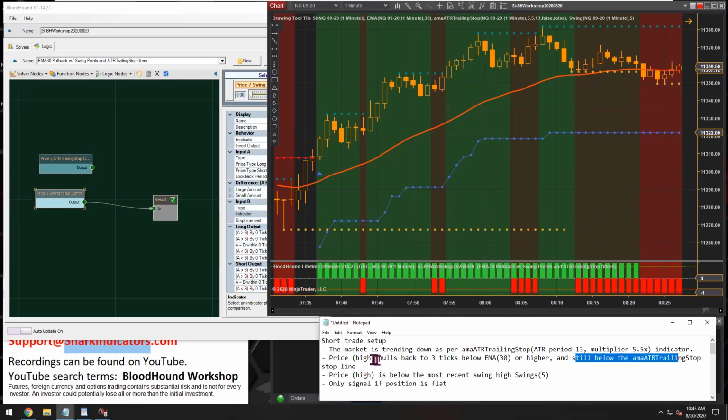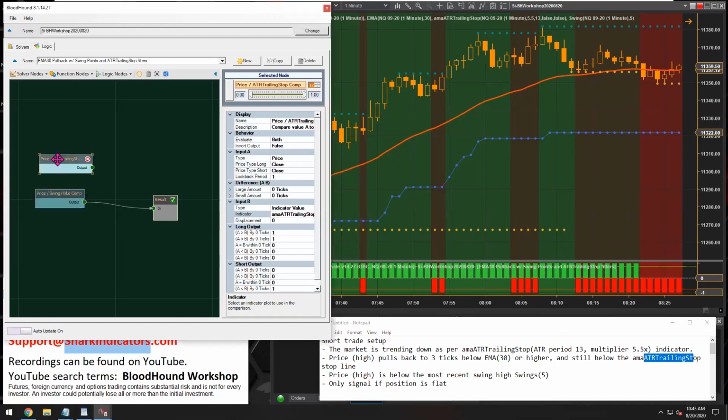Reading this a little closer, we're actually using the high price of the bar for generating a short signal here. So we also want to compare the high price of the bar to the ATR trailing stop.